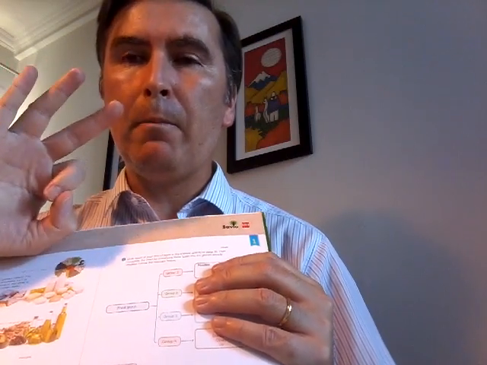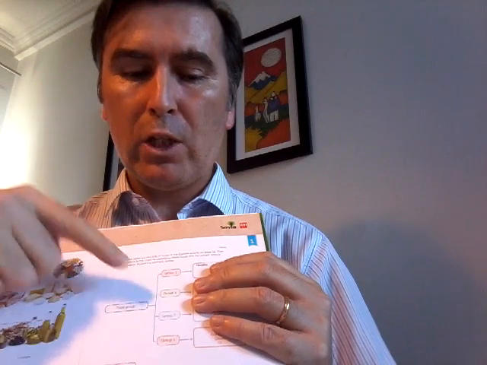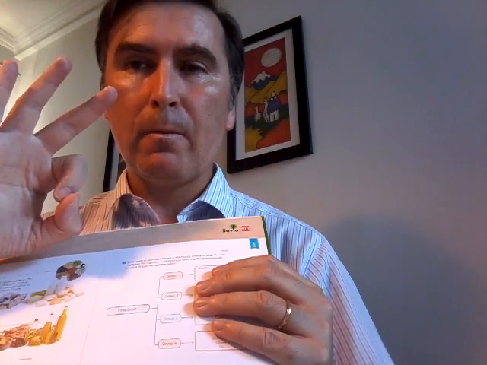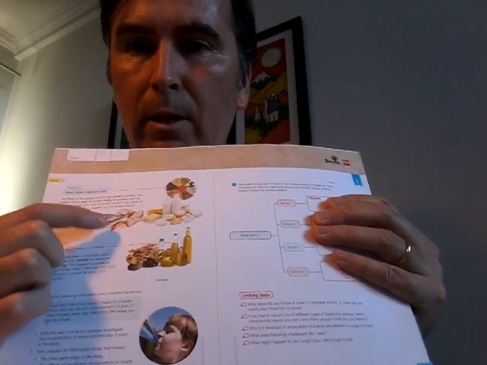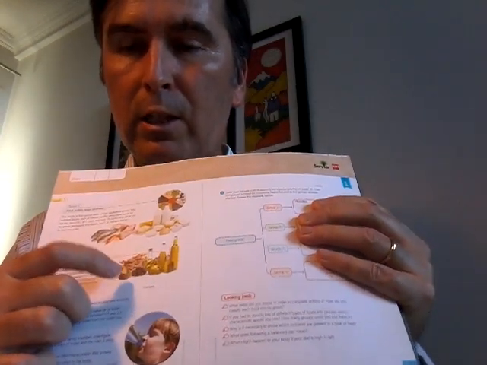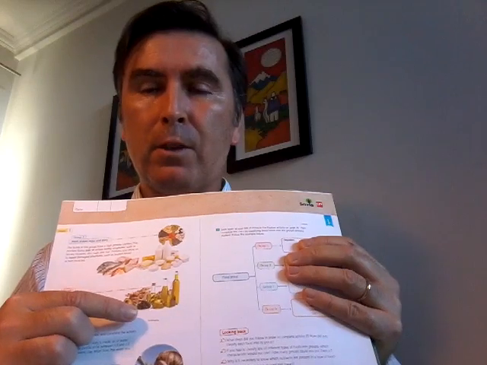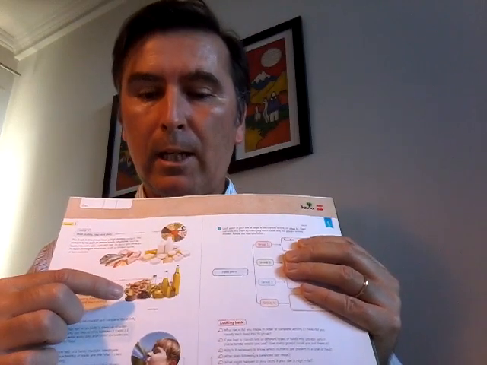So what you have to do is write at least 3 examples for each group. 3 for group number 1, 3 for group number 2, 3 for group number 3, and 3 for group number 4. If you can't remember very well, you can look at the pictures. In the pictures you will see some of the items and foods that belong to each group.